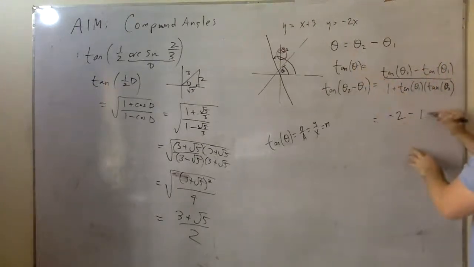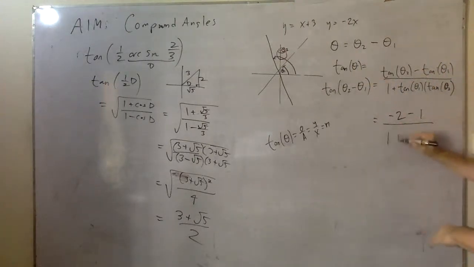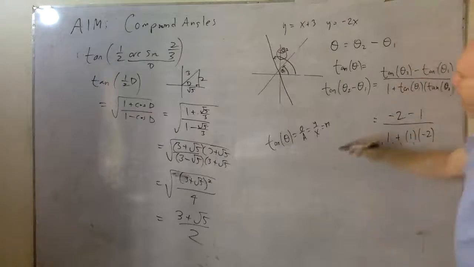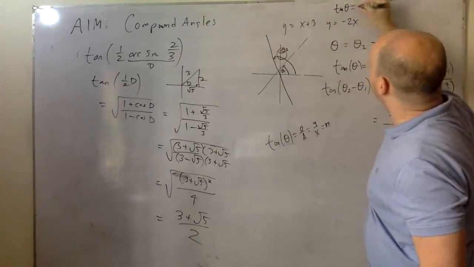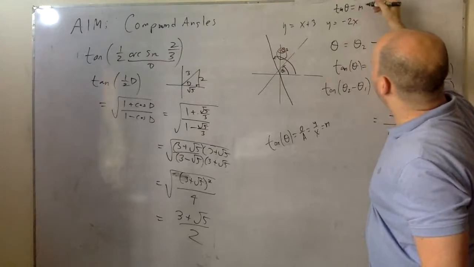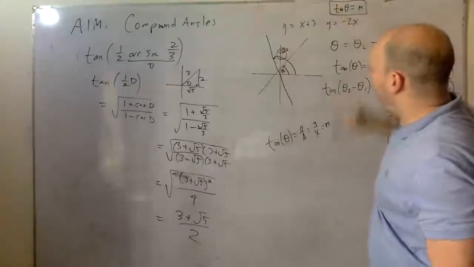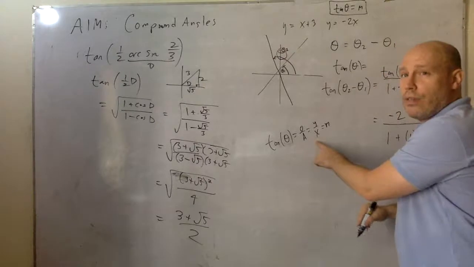The tangent of theta 1 is 1. Once again, the tangent of theta is the slope. This is y over x.